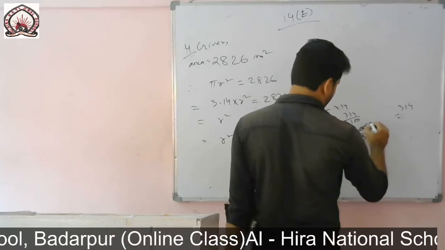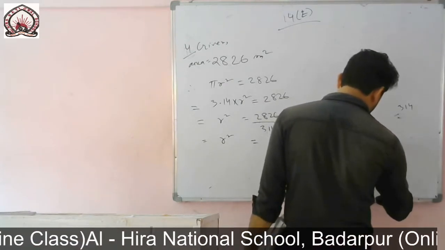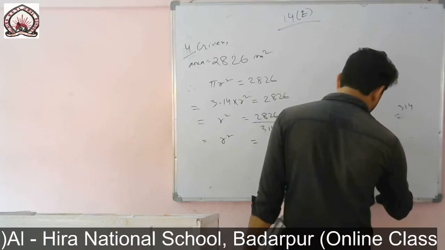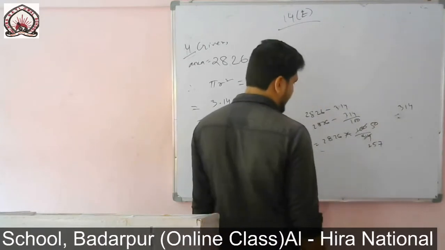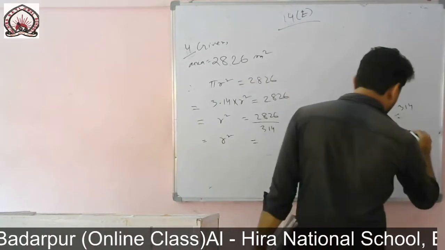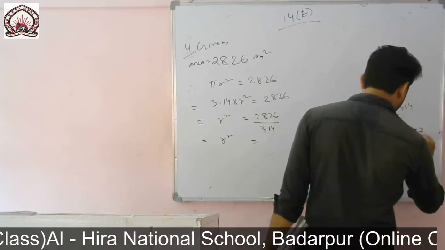Here you will get 50, 2 are 100. Here 2 1s are 2, and 5 2s are 10, and 7 2s are 14.